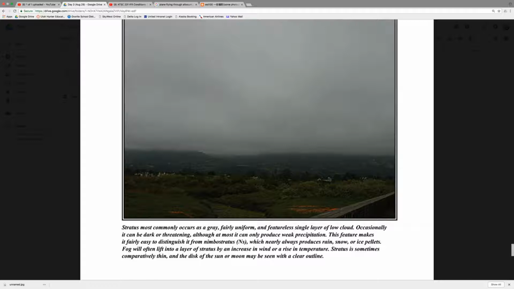So we use Celsius, don't use Fahrenheit, but we do use standard miles and stuff like that.